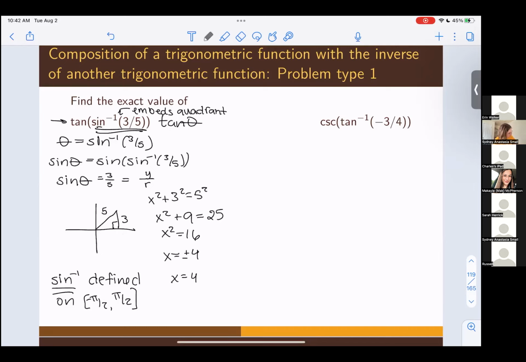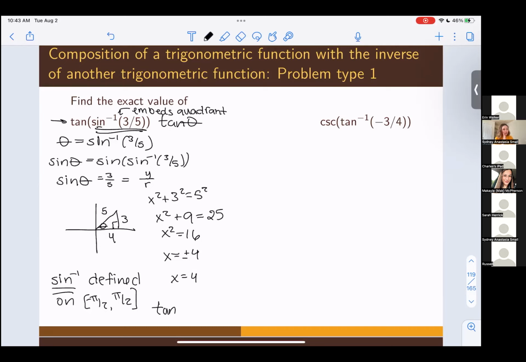Putting that in here. Okay, so now we have that figured out. We want to find the tangent of this angle theta, whose sine is 3/5. Saying that one more time, we want to find the tangent of this angle theta here, whose sine is 3/5.